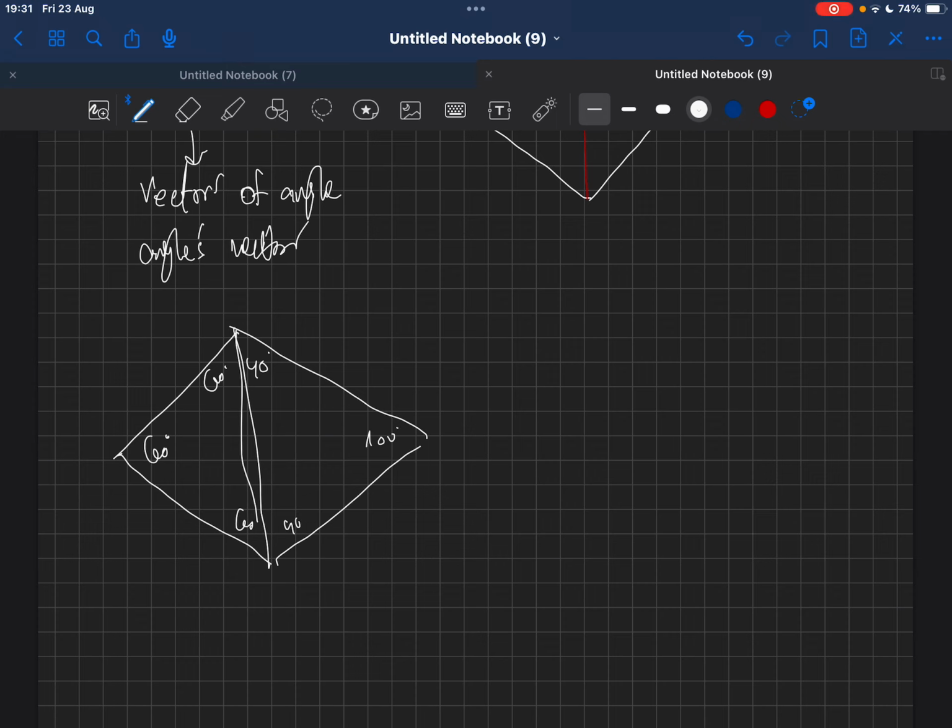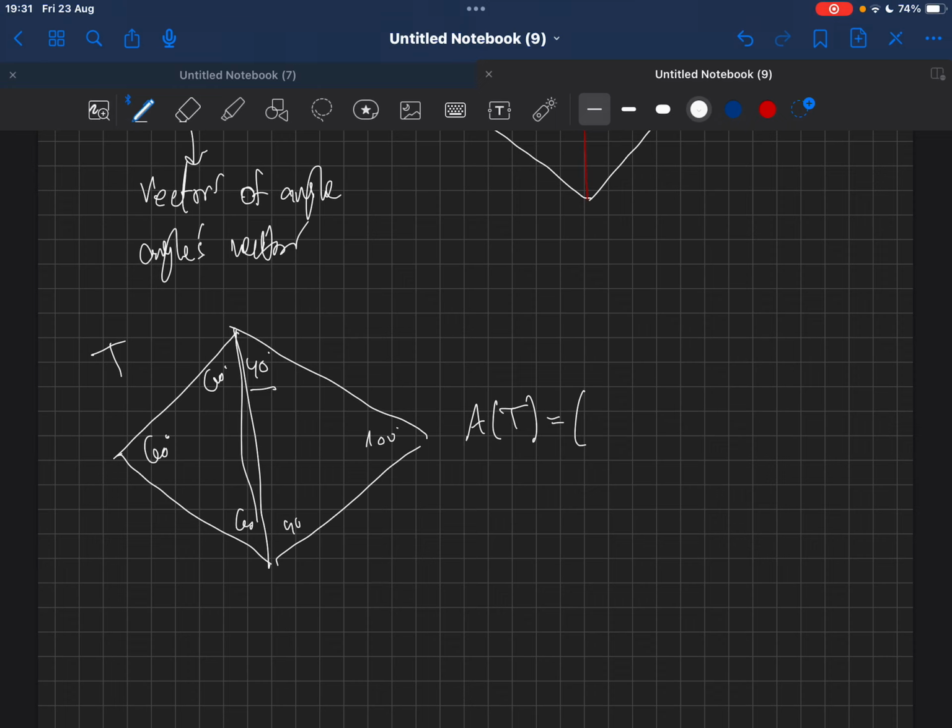Okay, so I can define a vector of angles for this triangulation, which will be called A of, let's call it, T. So T, this is the vector of angles, and I will order it in lexicographic order, starting with the lowest angle and continuing in order to the biggest one.